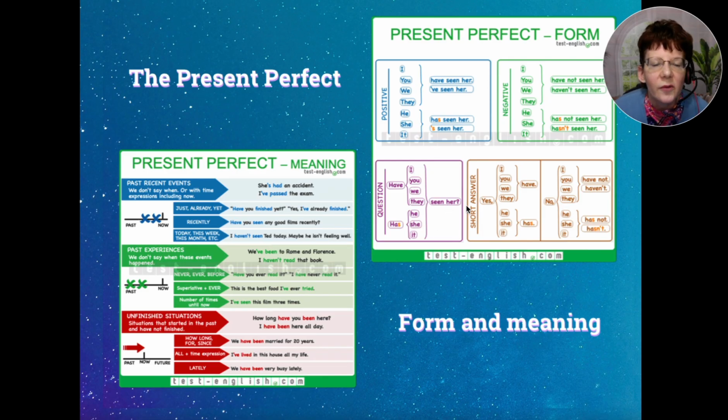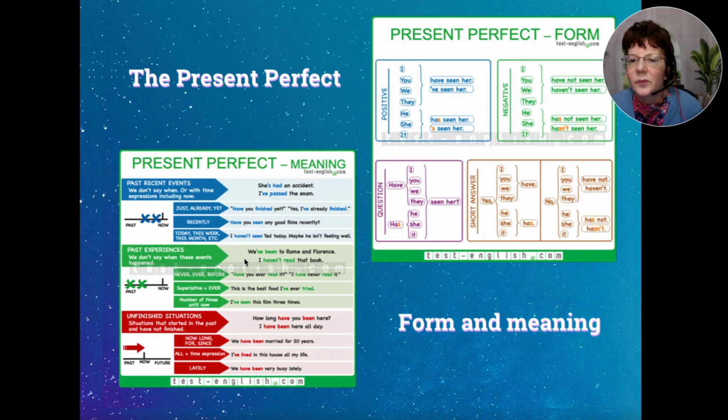All right, and then for a short answer, we can say yes, I have, or yes, he has, or no, I have not or haven't. It's more common to use the contraction, right? Or no, he, she, or it has not or hasn't.